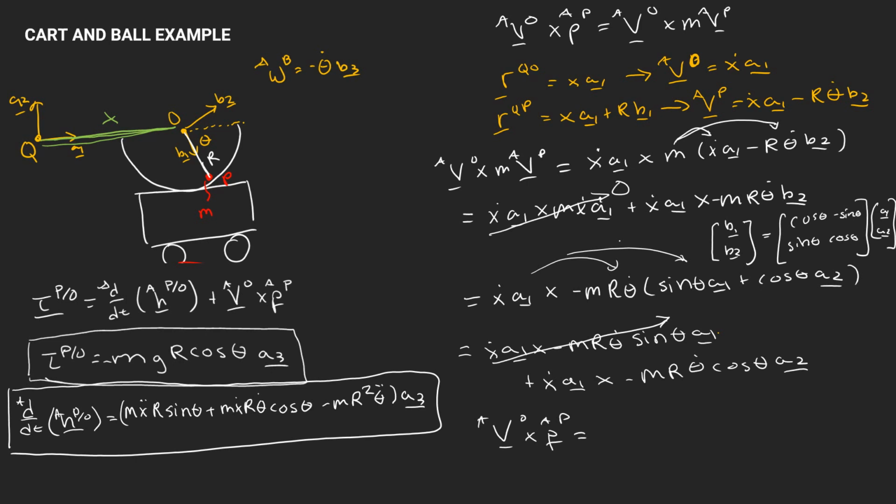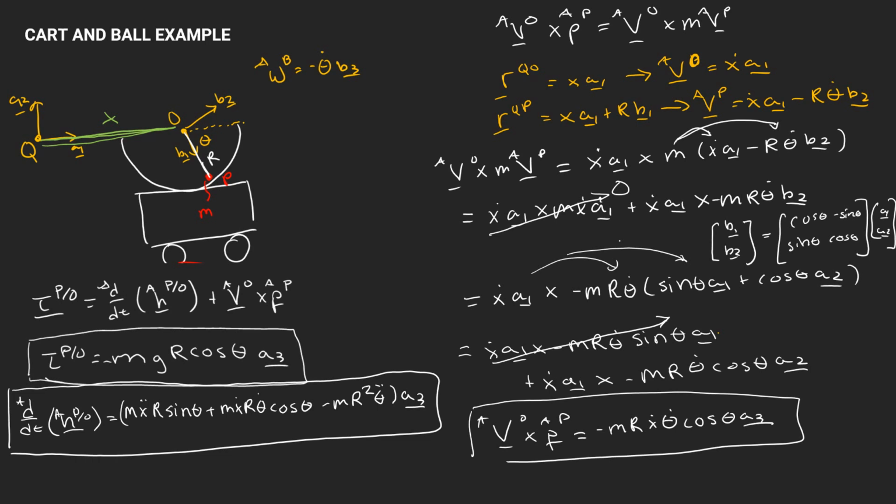What this ultimately equals is negative m r x dot theta dot cosine of theta, and we have a1 crossed with a2, which gives us a positive a3. And here, what we're left with is the answer for this cross product term.